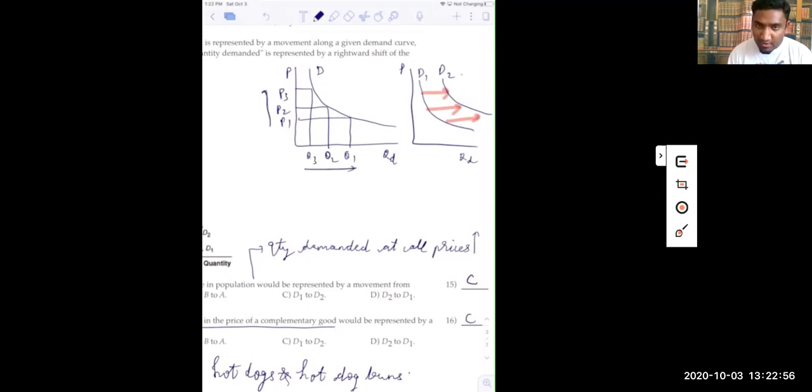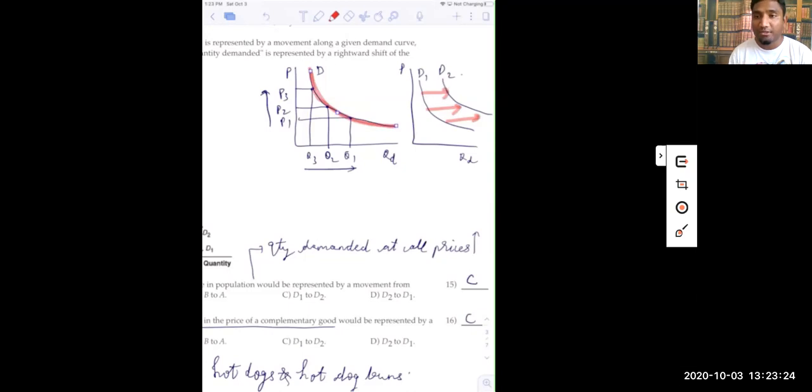So for price P1, quantity demanded is Q1. For price P2, quantity demanded is Q2. For price P3, quantity demanded is Q3. When we plot this relationship between all the prices and all the quantities demanded at those specific prices, what we get is our demand curve. So this curve is called demand.